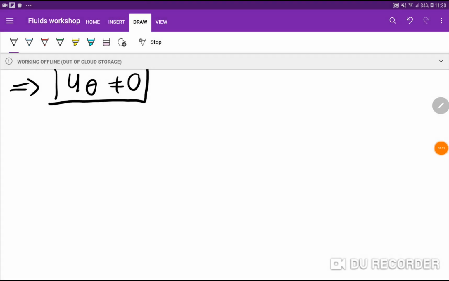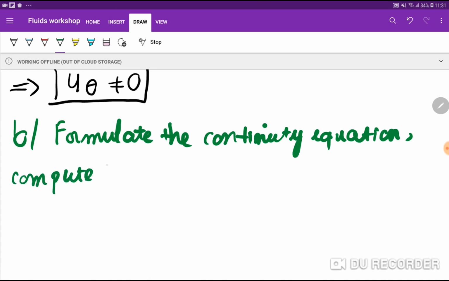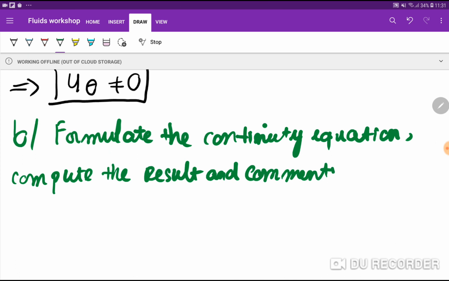The first equation we're going to use is the continuity equation, which is also the question of part B. Part B asks you to formulate the continuity equation, compute the result, and comment on the result.